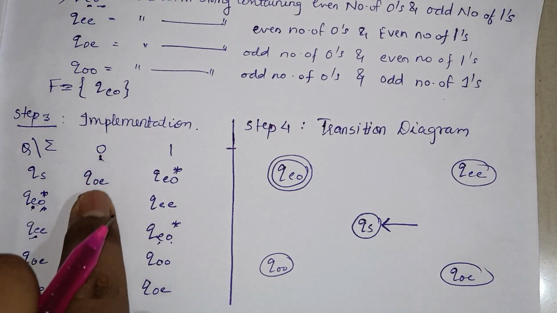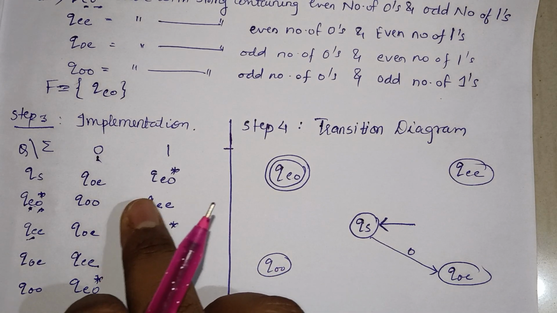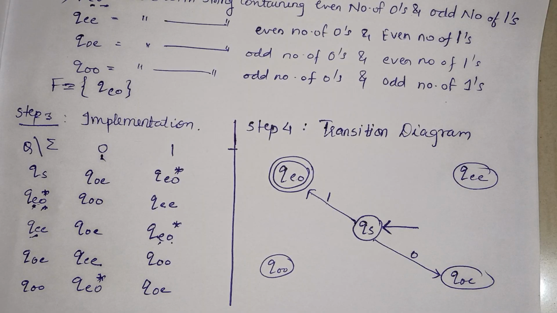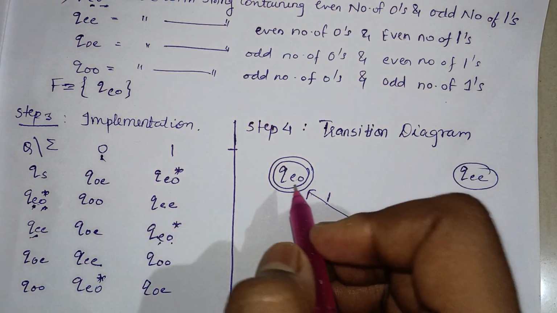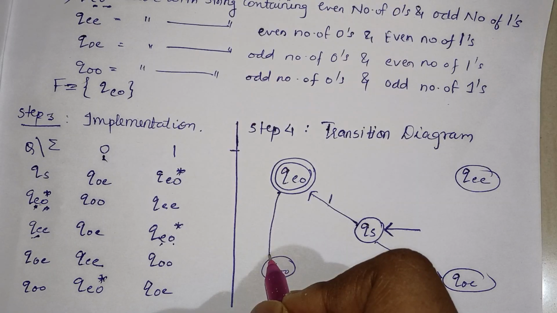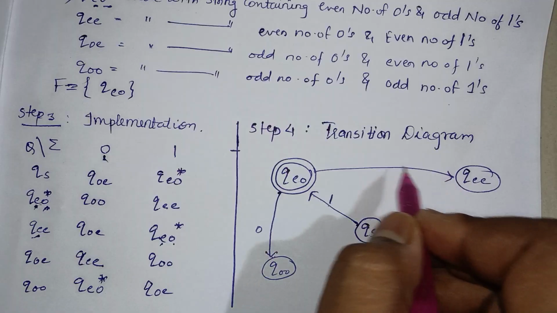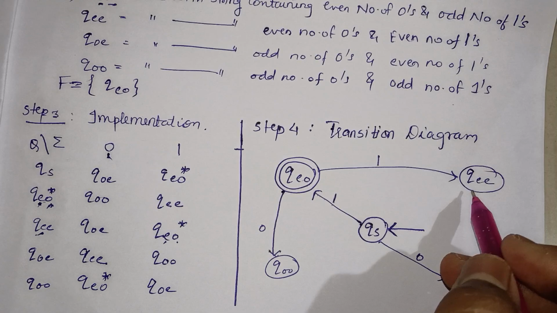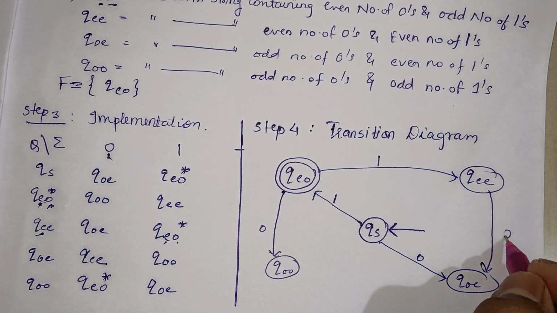When QS receives 0, it is going to QOE. When QS receives 1, it is going to QEO. When QEO receives 0, it is going to QOO. When it receives 1, it is going to QEE. Same now QEE: when it receives 0, it is going to QOE.